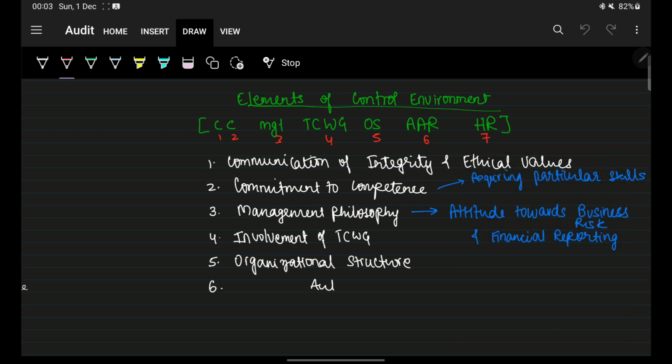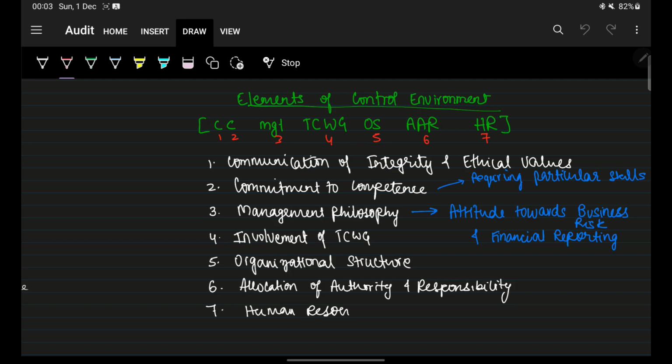Allocation, huh? Yeah, I think we can go with allocation of authority and responsibility. Okay, and lastly, human resource policies and practices.